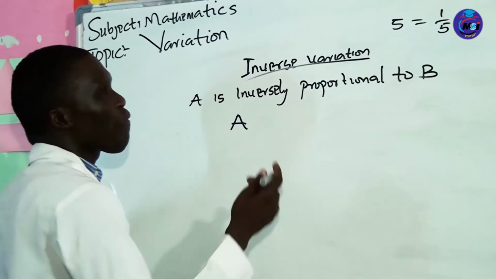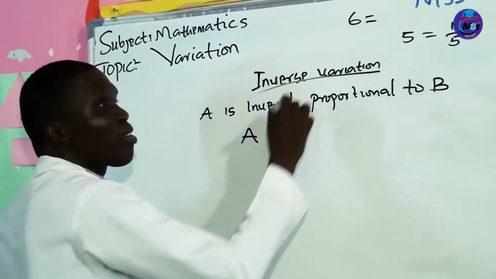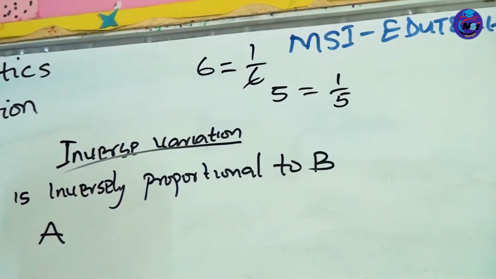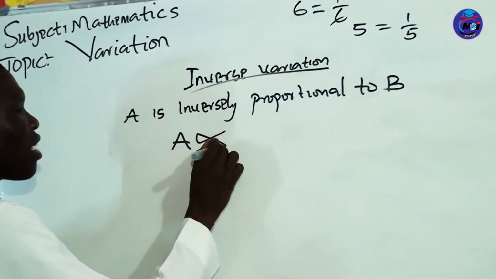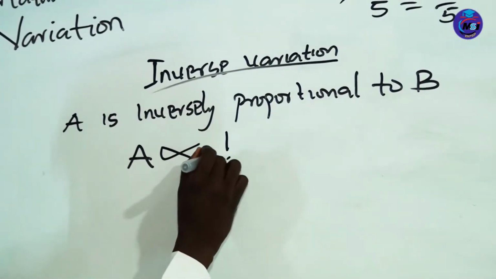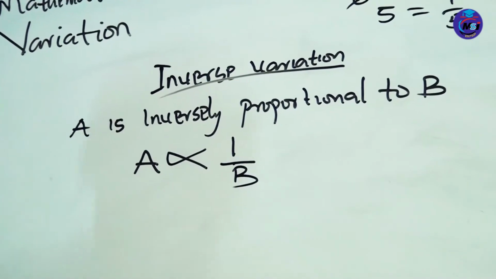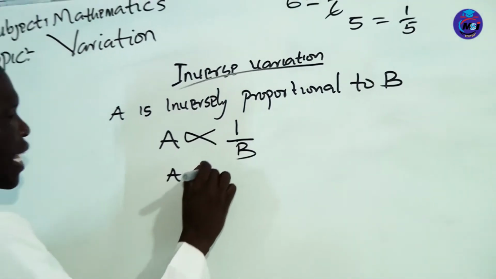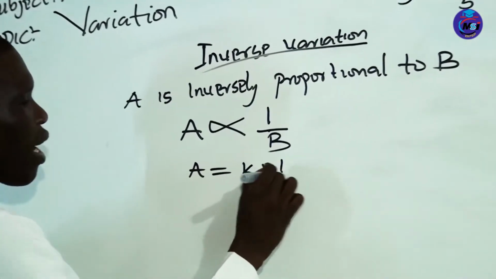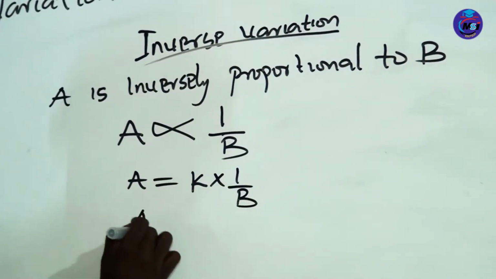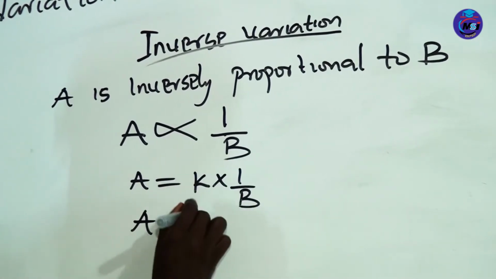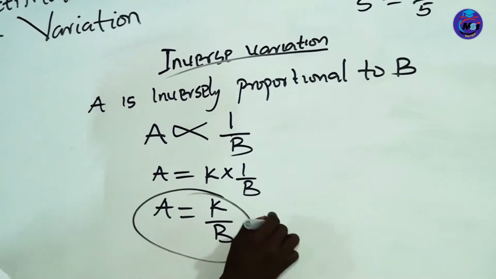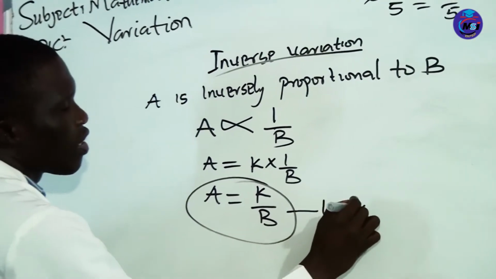What's the inverse of 6? The inverse of 6 is 1 over 6. So the same thing is applicable here, proportional to B. Now A equals K times 1 over B. A will give us K times 1 is K all over B. So this is what we call inverse variation.